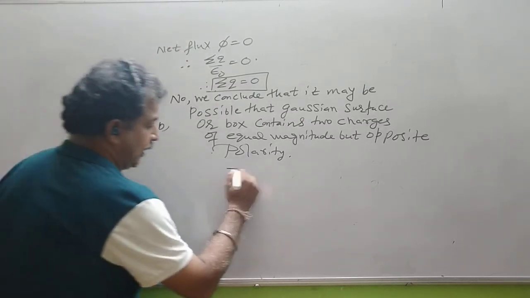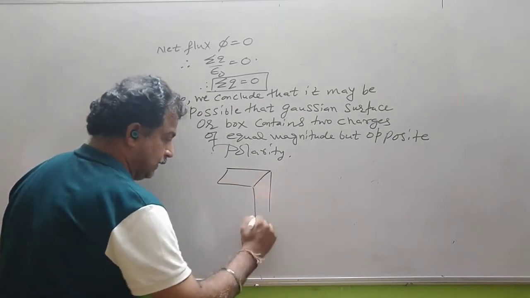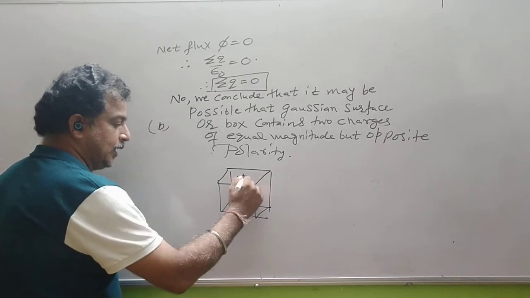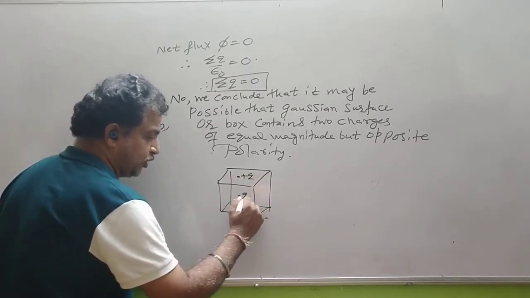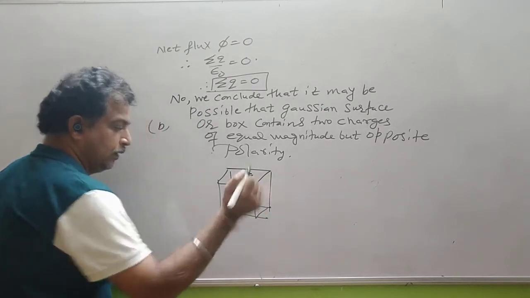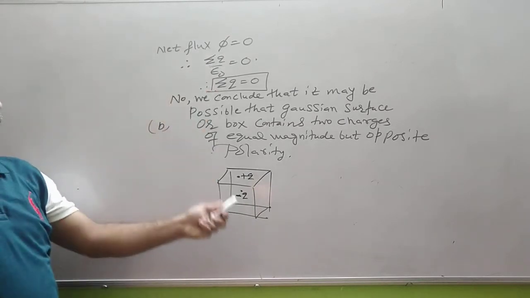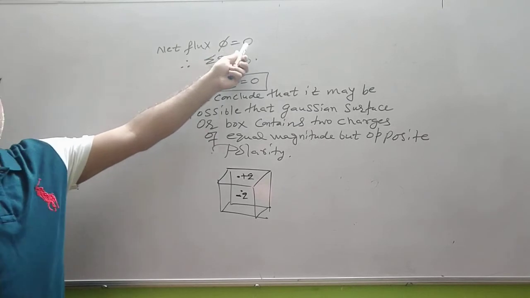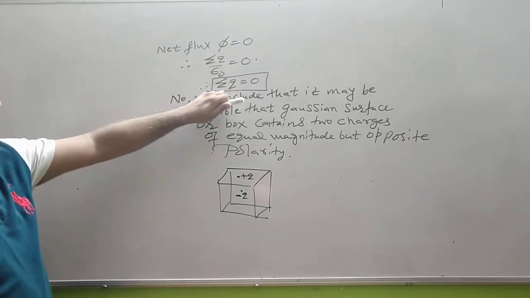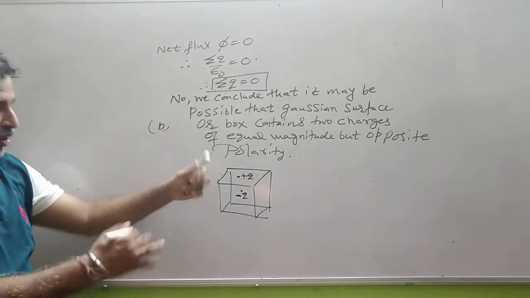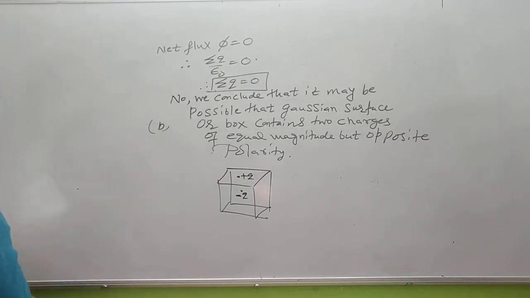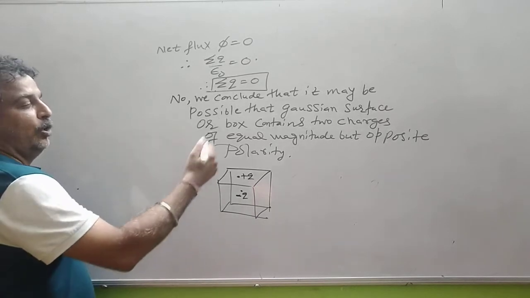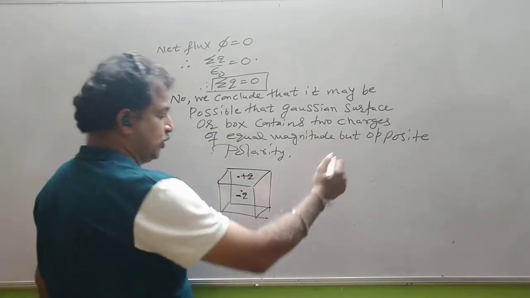So if I take any box or any surface, if I have two charges, say plus q and minus q, the total q comes out to be 0. So if the flux is 0, we will not say that there is no charge enclosed. It may be possible that the Gaussian surface or box contains two charges of equal magnitude but opposite polarity.